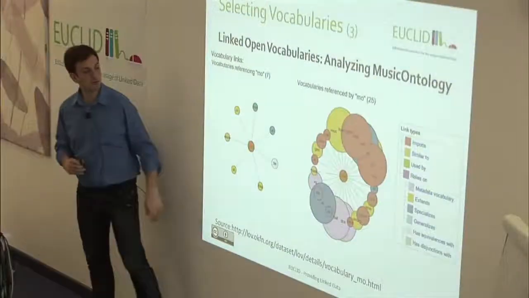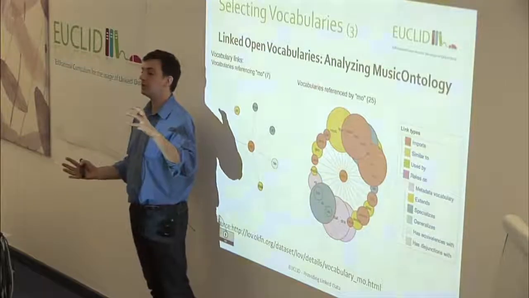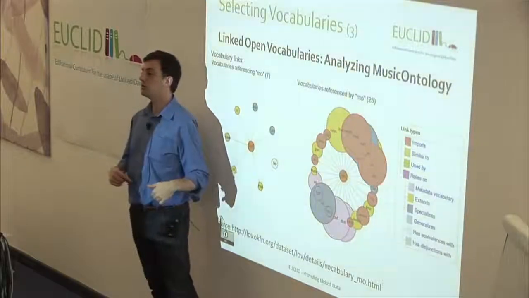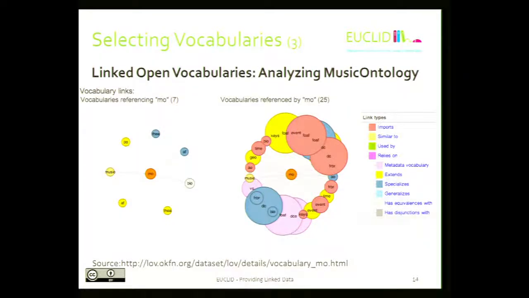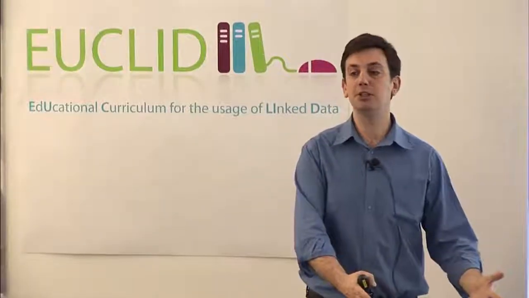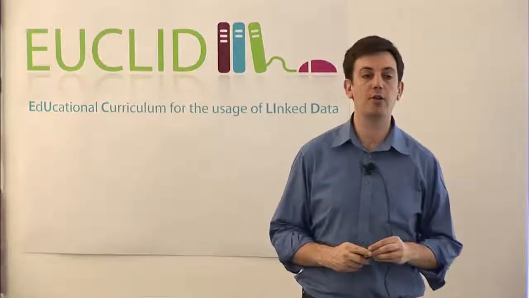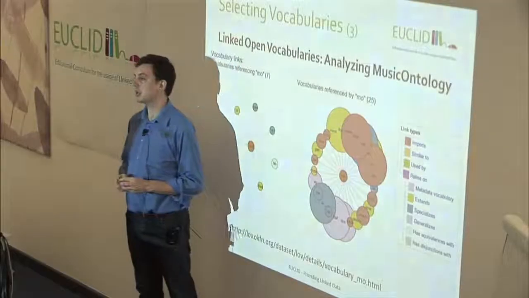So you can see over on the right-hand side, right up at the top, that one of the big uses of vocabulary in the context of the music ontology is FOAF. Okay? FOAF describes people and gives them names and relationships. Well, in the music domain, there are lots of people, music artists, and indeed they have names and to some degree relate to one another. So we make use of FOAF in describing music.